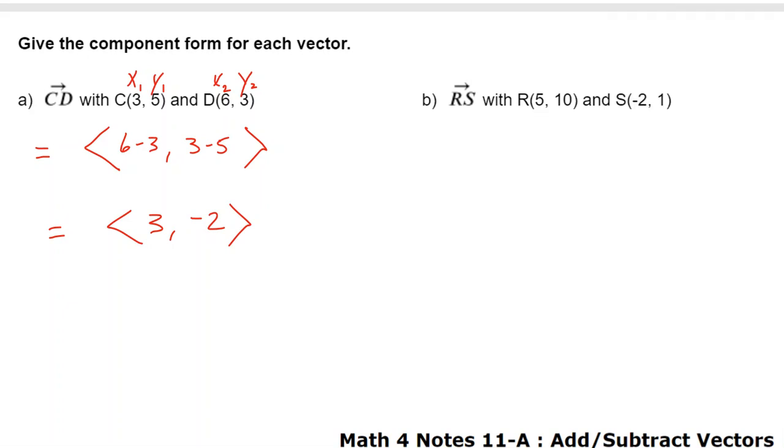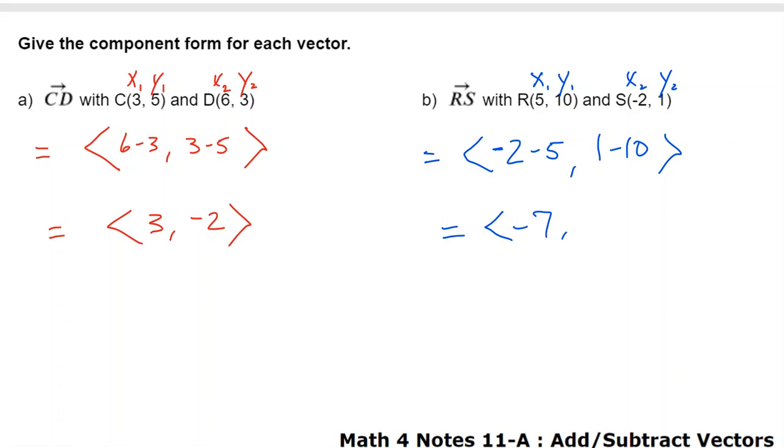Let's try it with this guy. So negative 2 minus 5 and 1 minus 10, which says if I want to go from R to S, I need to go 7 units to the left and 9 units down.